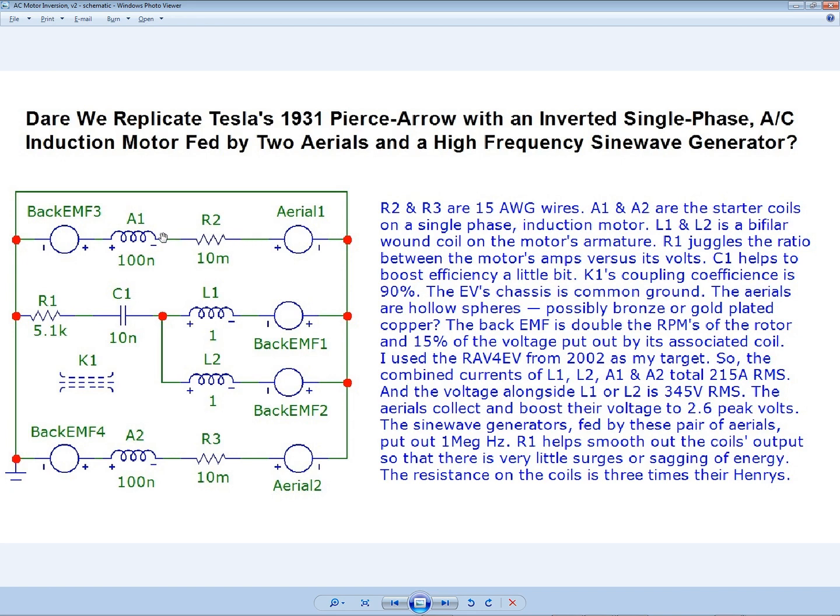So that means the sine wave generator and its voltage source has to be at the front end of the car, because I calculated a very tight tolerance here of 10 milliohms, because if you raise this R2 and R3, you actually lose the gain that you would have gotten otherwise on this circuit.